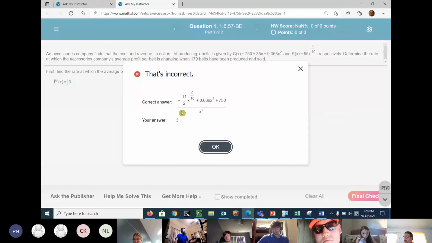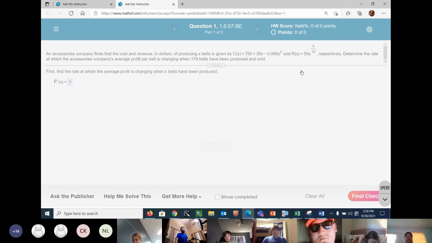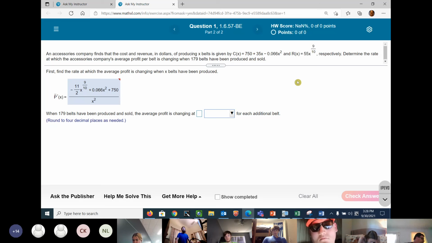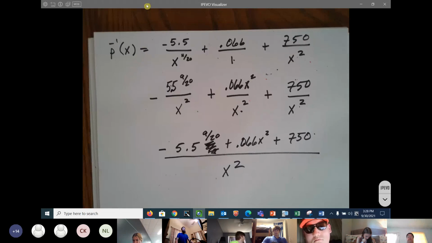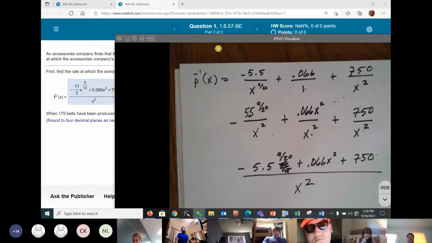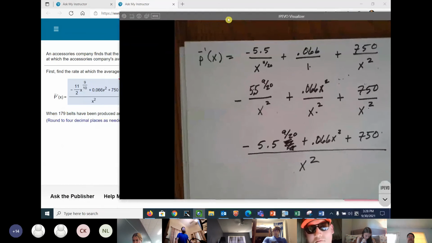Okay, 11/20ths, which is 11 halves, which is 5.5, x to the 9/20ths, plus 0.066 x squared plus 750. Whew! Sorry about that. I thought I was going crazy there for a minute. And that's the same answer we got right here. See there? Same answer.